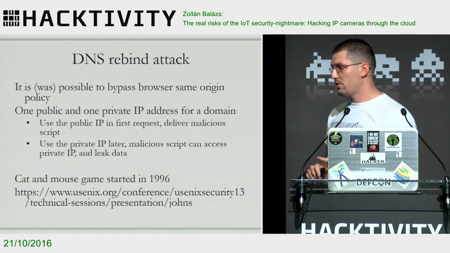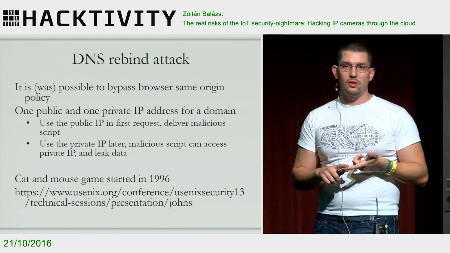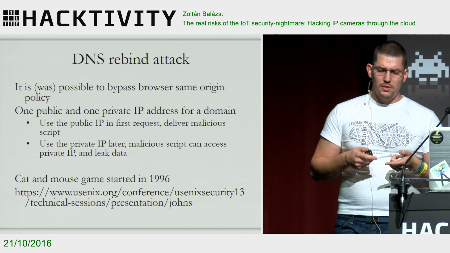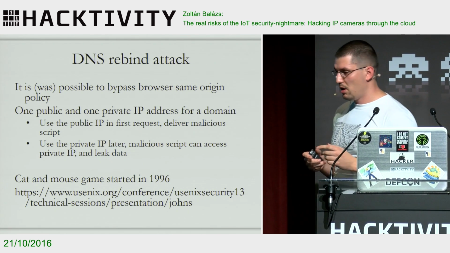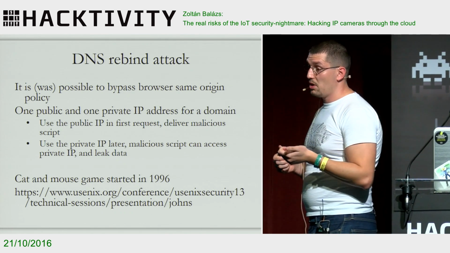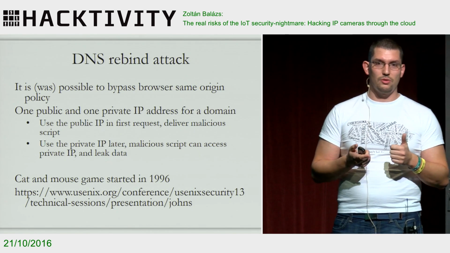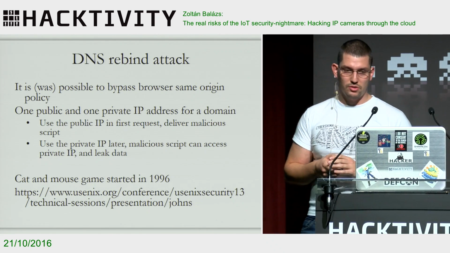And first, the victim will connect to the public IP address. It will serve this malicious script, and later on, through different methods, the public IP address won't be accessible, so the client browser will start to use the private IP address, but with the malicious JavaScript.